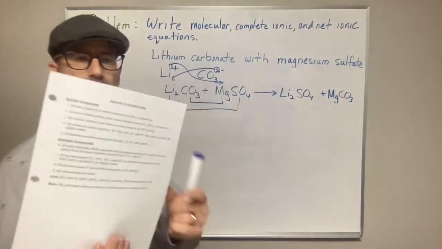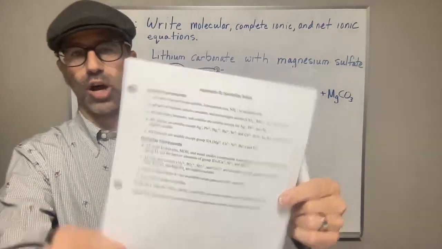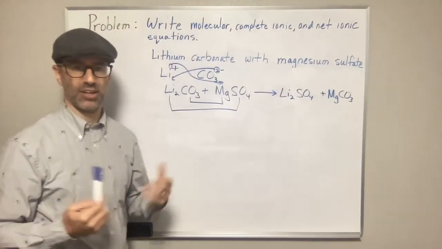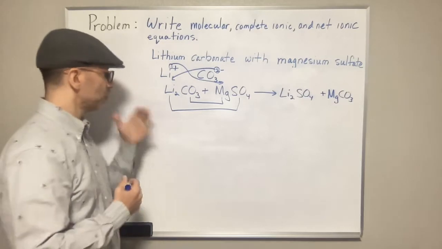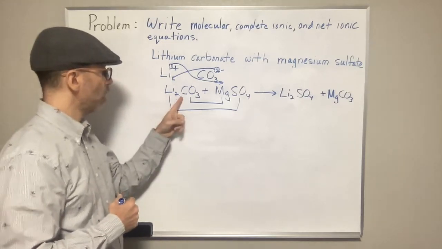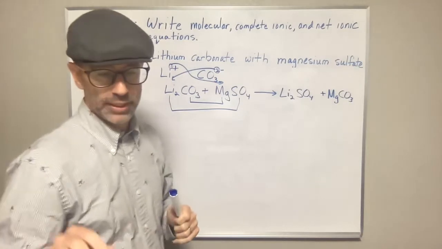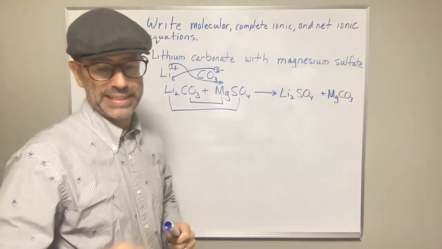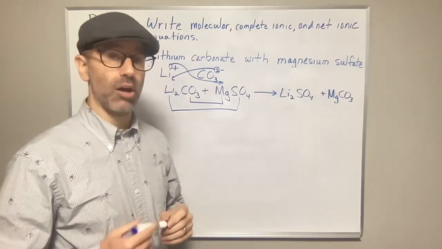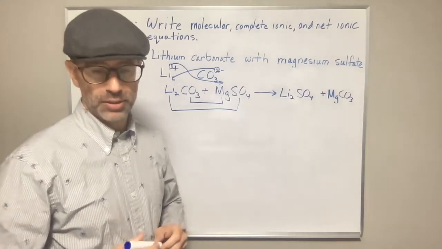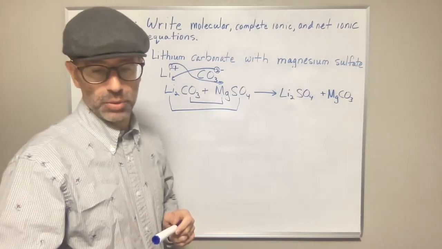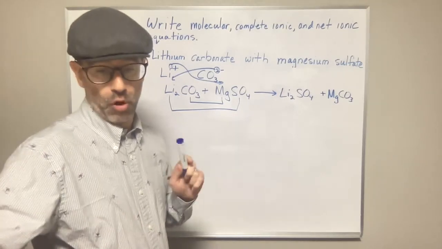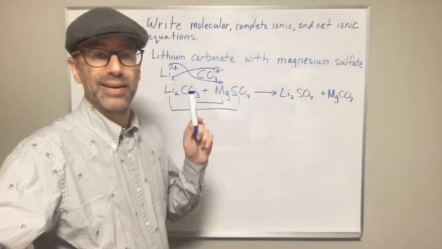Okay, so what about the states? This is where your solubility table or solubility rules will come in. Your teacher probably gave you one, or you could find one on the internet pretty easily. When you look up carbonates in your solubility rules, it says all salts that contain carbonate are insoluble. But there are exceptions: your group 1 elements.